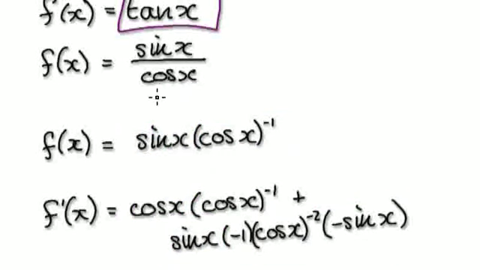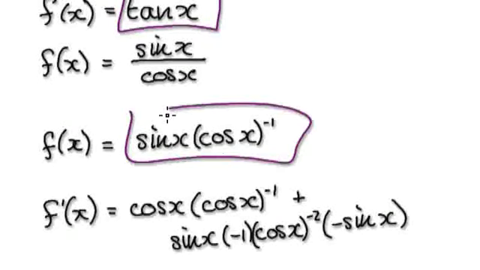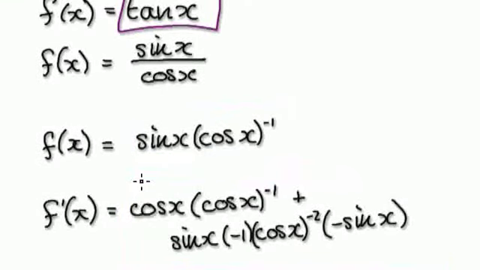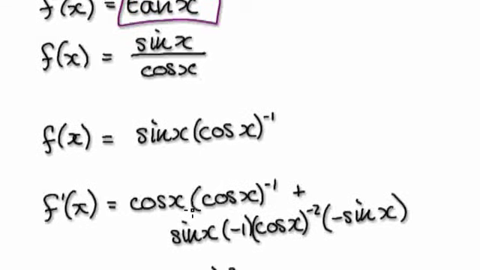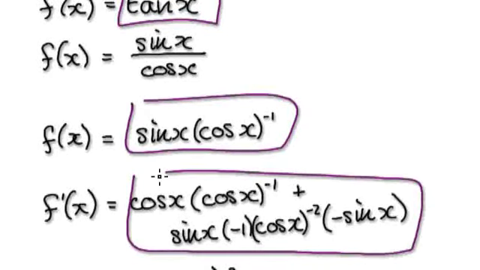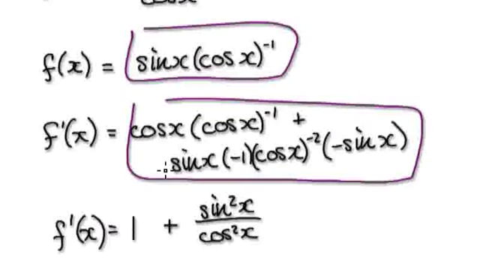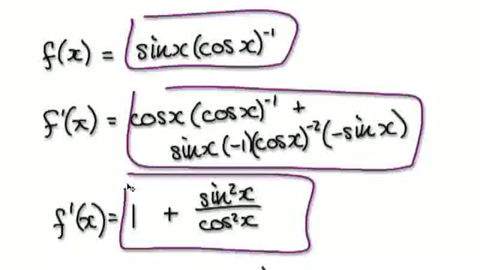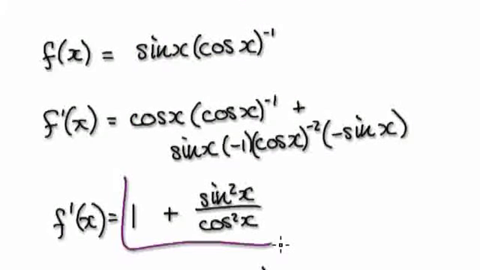When you differentiate this here, it will give you this whole thing, because you've got to use a combination of the product rule and the chain rule. Anyway, when you differentiate this, it will give you this thing here. Now tidy it up, it will give you this.